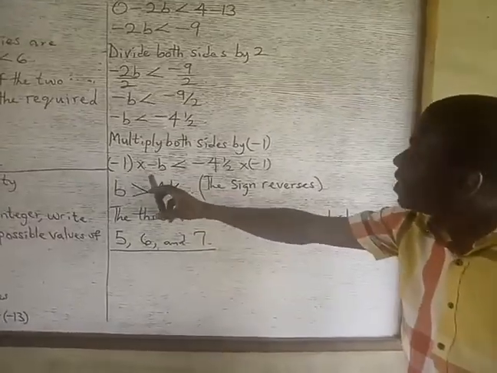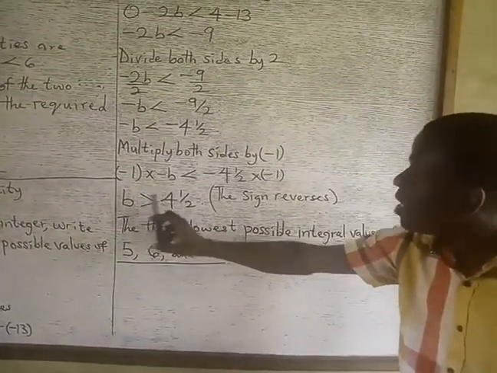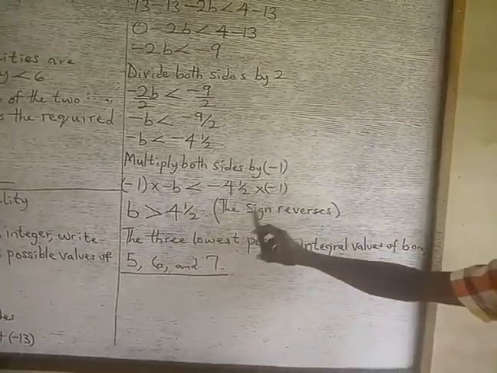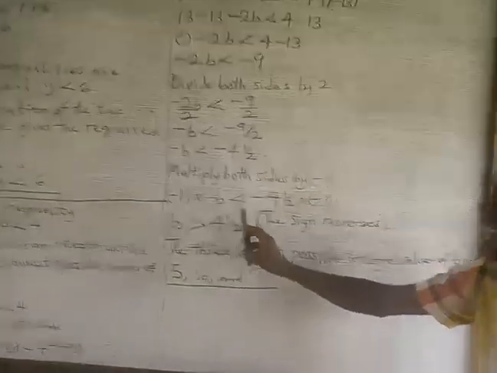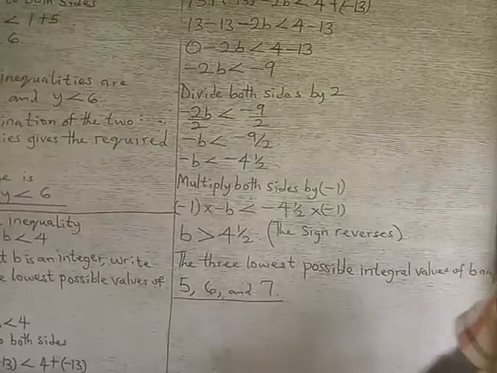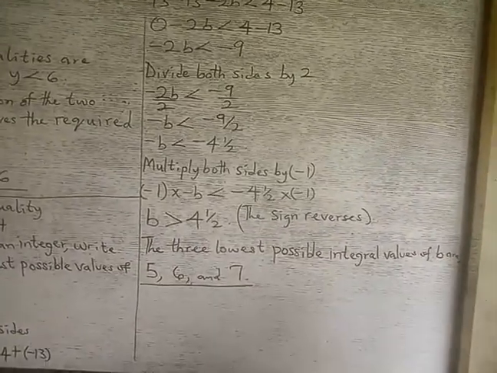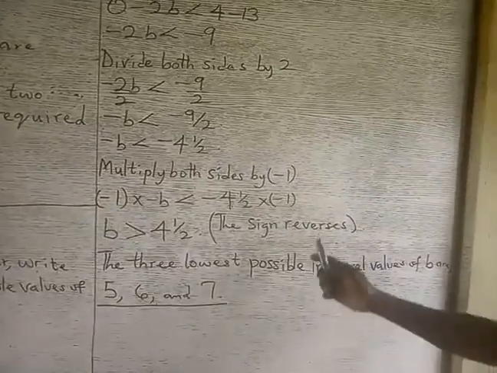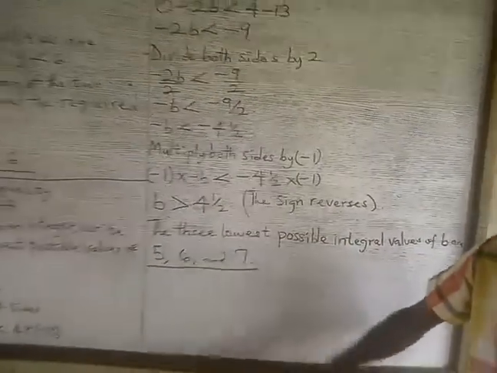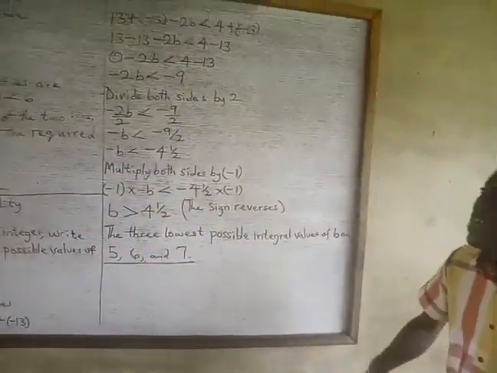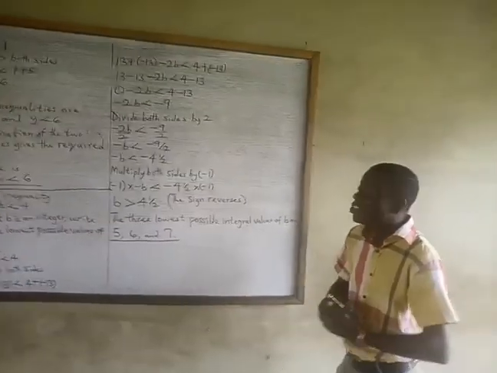So minus 1 times minus b will give b. Minus 4.5 times minus 1 will give 4.5. But the sign less than reverses, and you have greater than. So you have b greater than 4.5. The sign reverses. So do not forget that we were told that b is an integer.